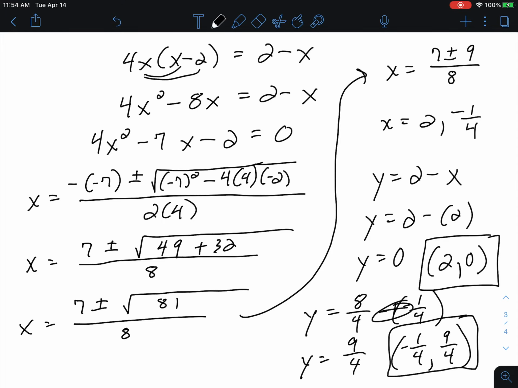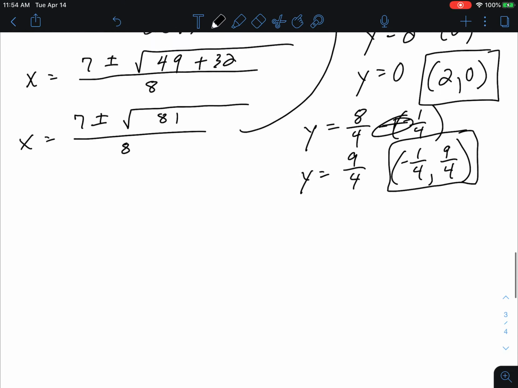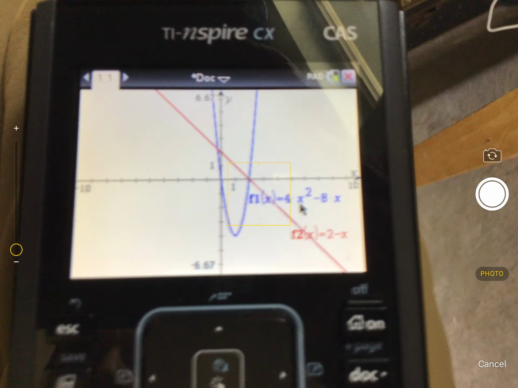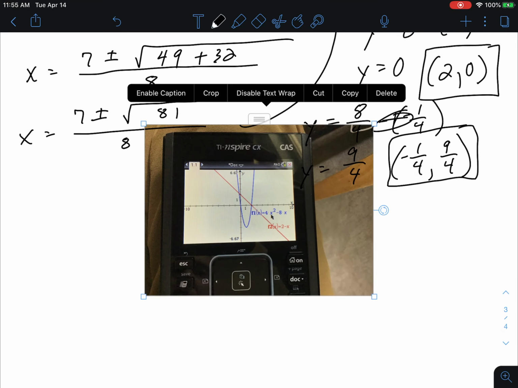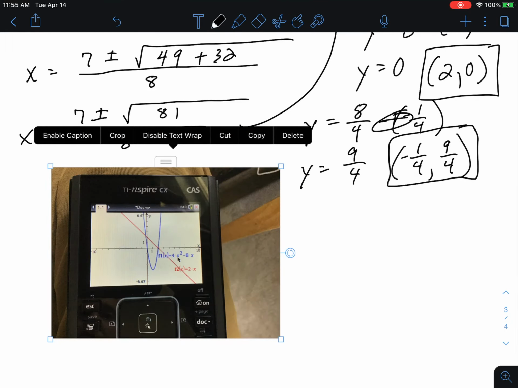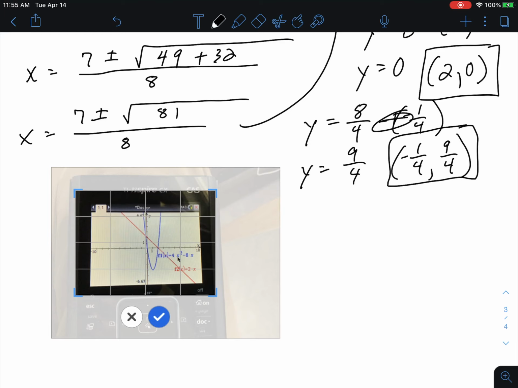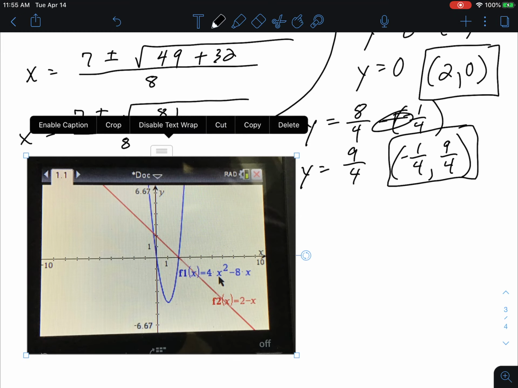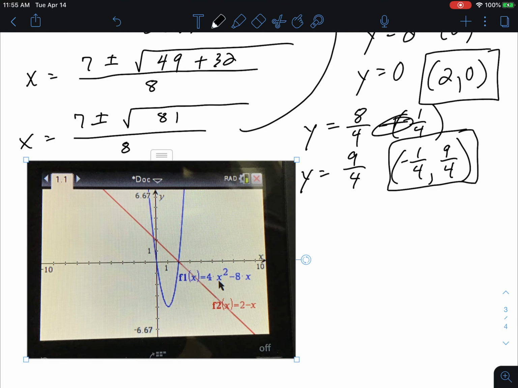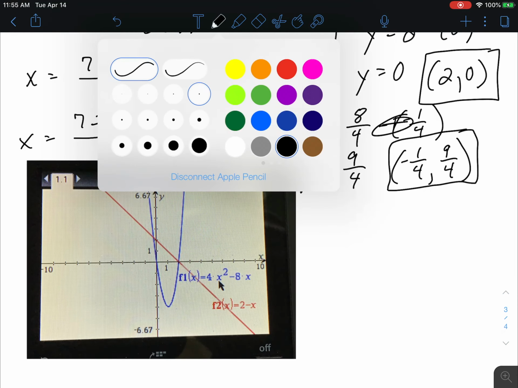But then, let me try to get this on the screen for you guys. I'm going to scroll up here. All right, that'll do. Get that in there for you. Okay, and just to kind of show you, the 2 points that we found would be at 2, 0, and you can see that pretty clearly, right?